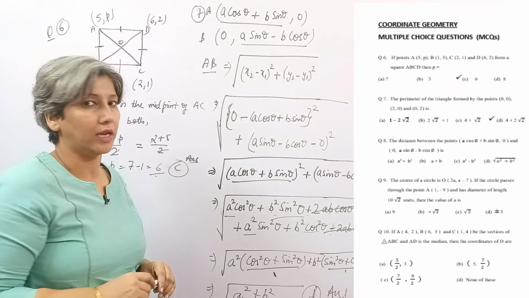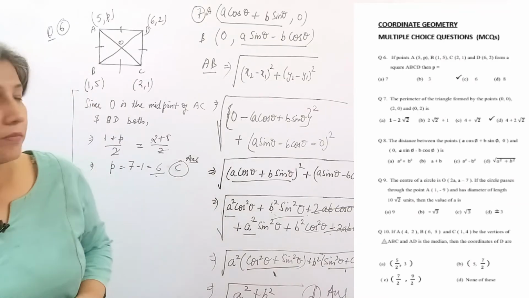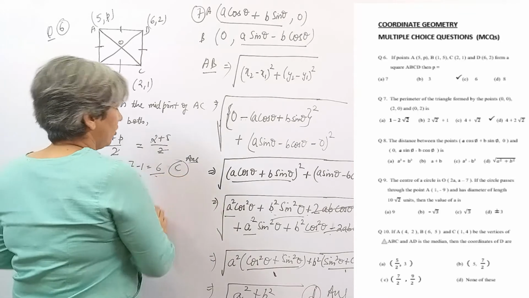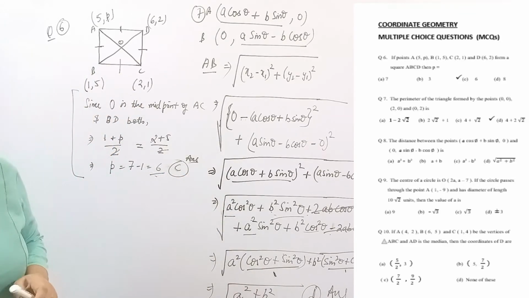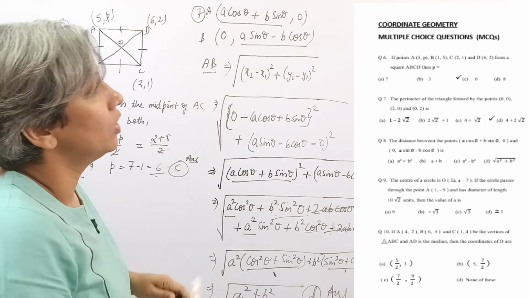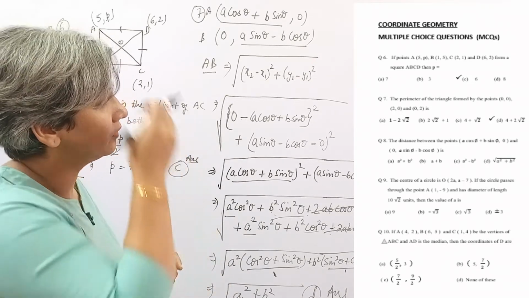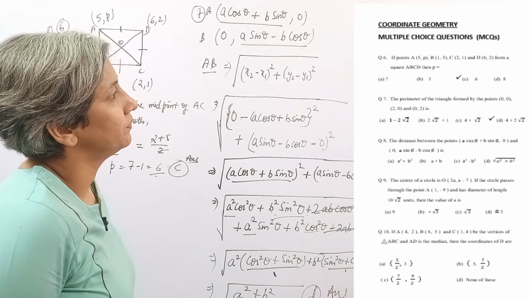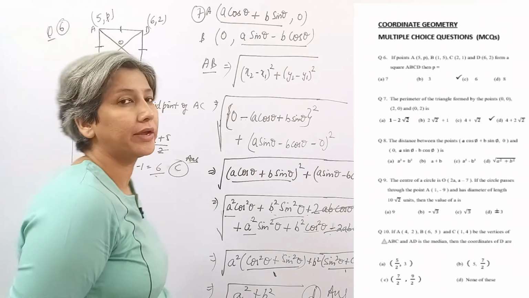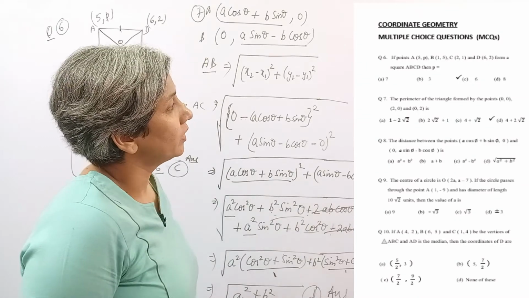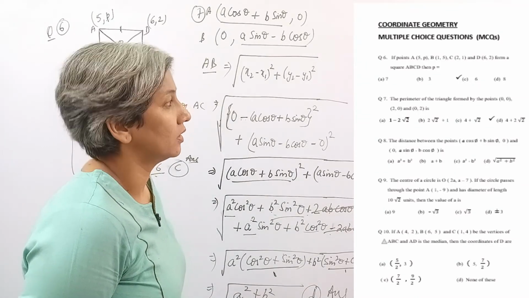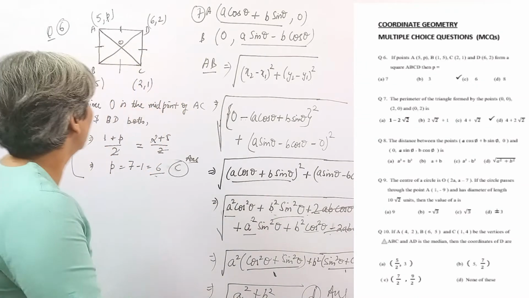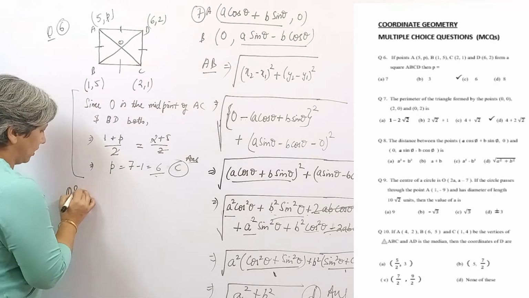Let's do question number 8. Or we can do here also, in fact, yeah. We can do question number 8 here. Question number 8 is saying the perimeter of the triangle formed by the points. Okay, so we'll do question number 8 here.